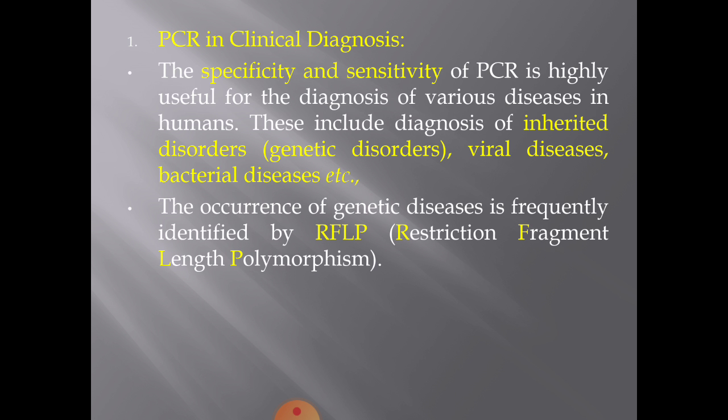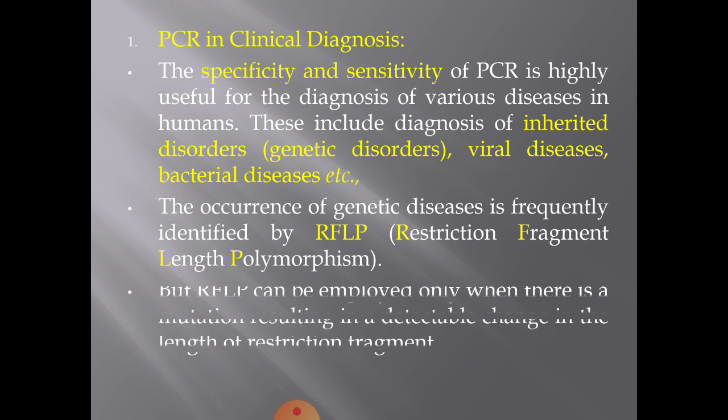See, there is a technique called RFLP, restriction fragment length polymorphism, which I will be teaching you in the next coming classes. Normally the occurrence of genetic disease is frequently identified by this technique, RFLP.